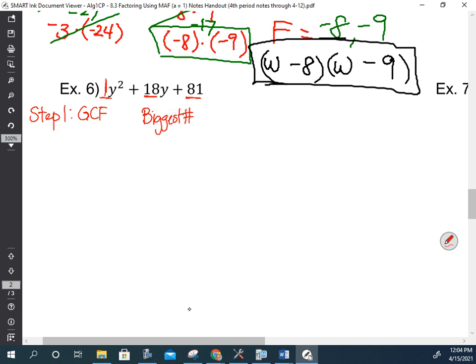That means your biggest number is 1. If one of your numbers is 1, you know the biggest number is going to be 1, because there's only one way you can get 1.